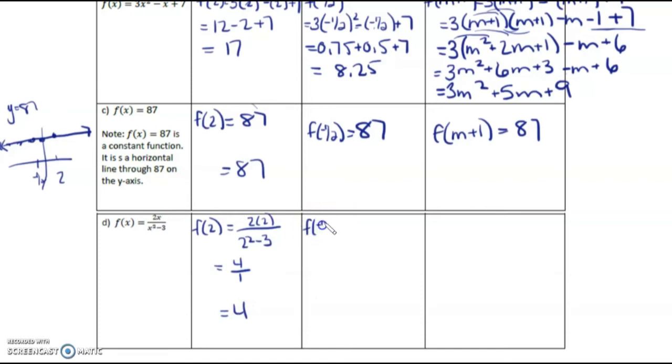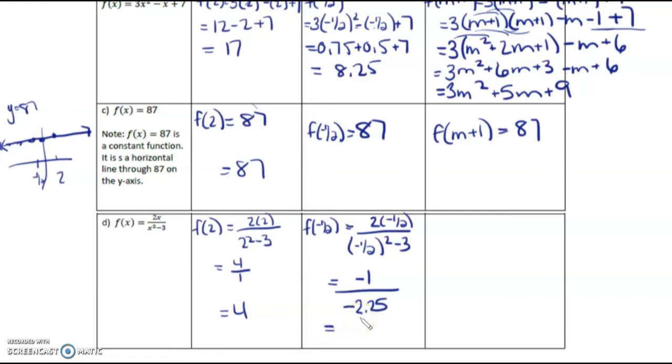f at negative a half equals 2 times negative a half all over negative a half squared minus 3. 2 times negative a half, I get negative 1. And then this, I get 0.25 minus 3, so I get negative 2.75.